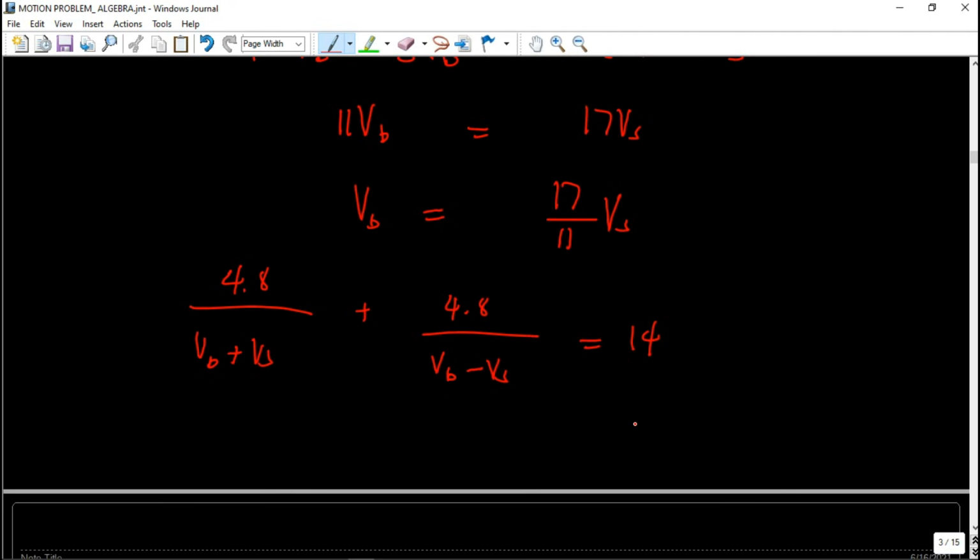Let's substitute V sub B so that we get V sub S, or the velocity of the stream. So this is 4.8 all over, V sub B is 17 over 11 V sub S, plus V sub S here, plus 4.8 all over 17 over 11 V sub S, minus V sub S equals 14.